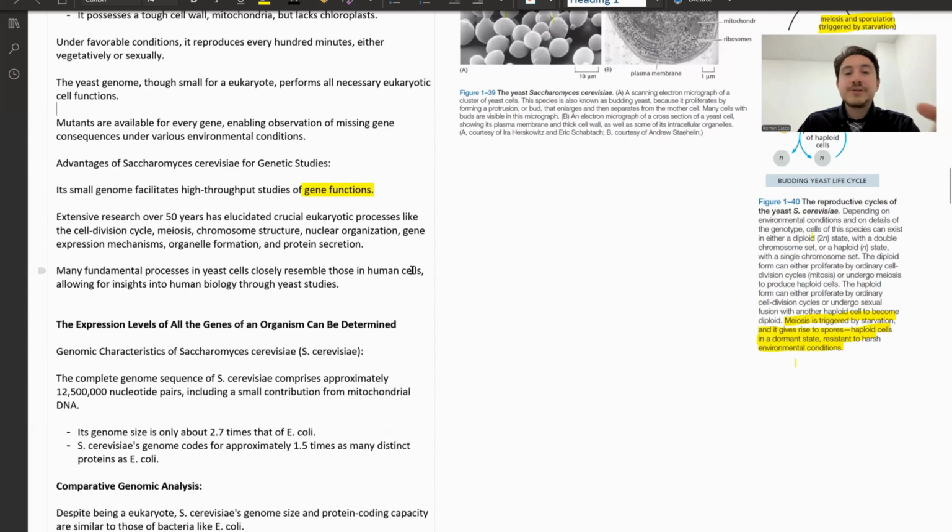A lot of understanding of cell biology has also come from yeast. Many fundamental processes in yeast closely resemble those in human cells. So insights into human biology have been discovered because of yeast.